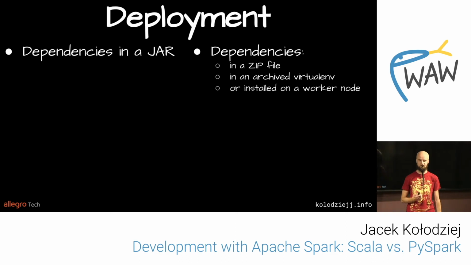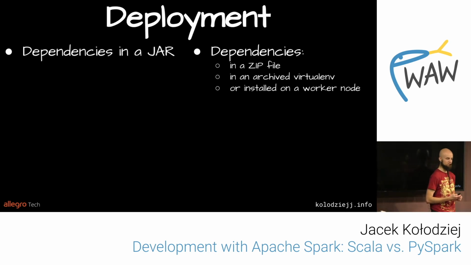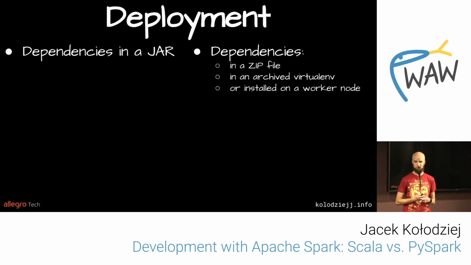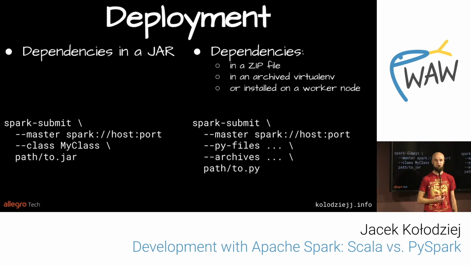We can even archive our entire virtual env and send it over to, for example, a Hadoop cluster, and we can even install our dependencies directly on the worker nodes. It depends on our requirements, whether we have a long-lived cluster or we just spawn ephemeral ones in some cloud. There are many options.